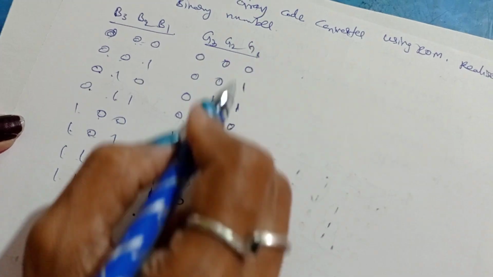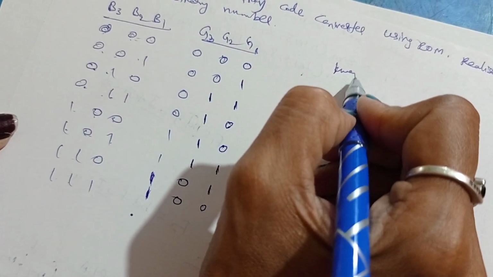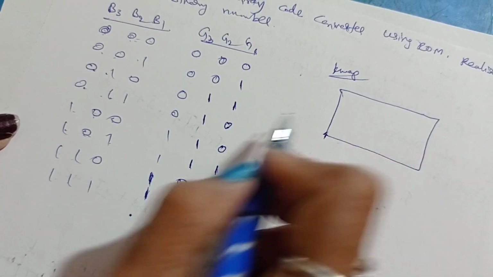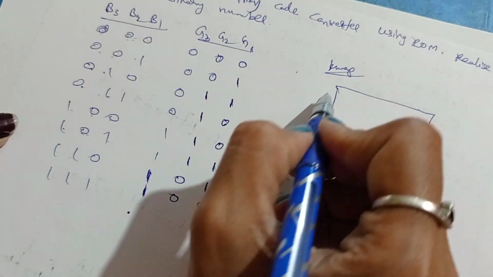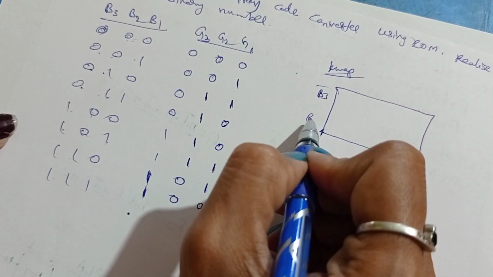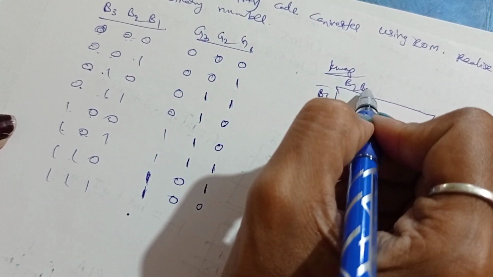And now for this, to minimize, use K-map. That is B3 bar, B3, B2, B1.